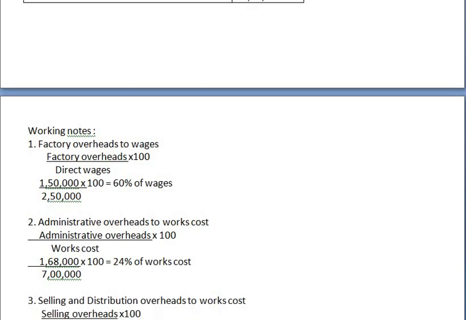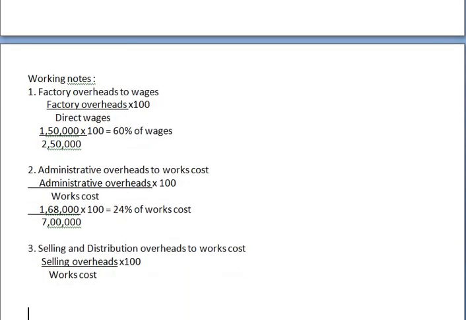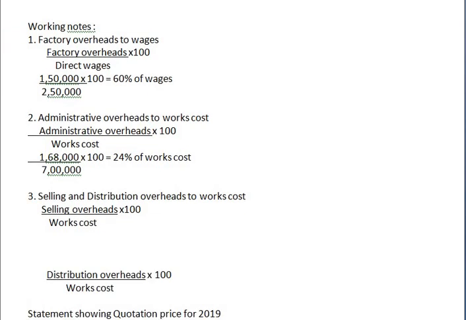Now next, selling and distribution overheads to works cost. Here they have given us selling charges separately and distribution charges separately, so we will have to apply two formulas accordingly. Now selling overheads divided by works cost into 100.